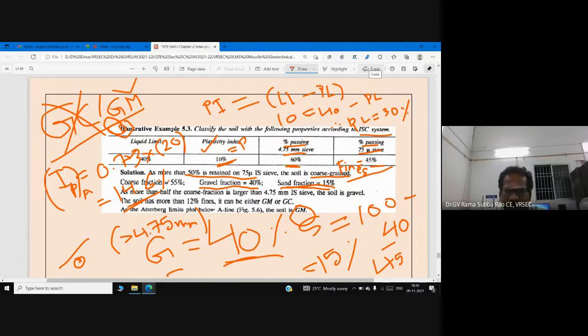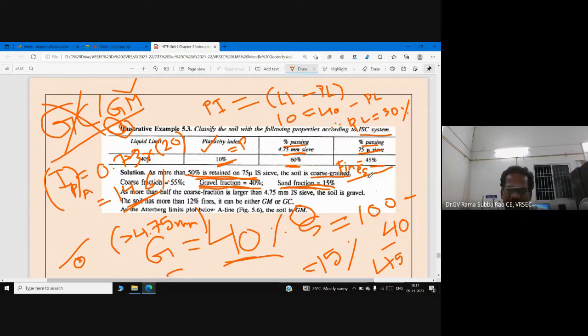If more than 50% of the soil is retained on the 75 micron sieve, then it is coarse-grained soil. Then there is competition between gravel and sand within coarse-grained soil. From the passing on 4.75 I can calculate retained: here 40% is retained, so the gravel fraction is 40 and the sand fraction is 15.